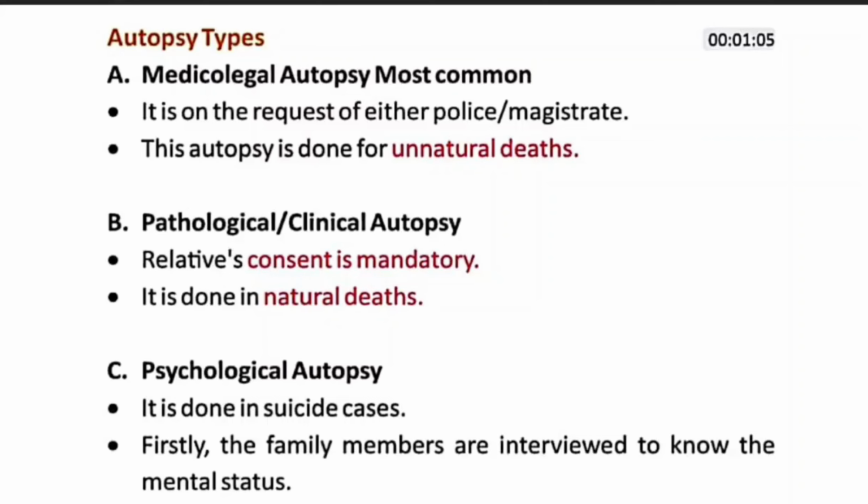From today we are going to start the forensic medicine series and I am going to cover all high yield and important topics. So let's start. Today we are going to start with autopsy, what is autopsy, and the types of autopsies.